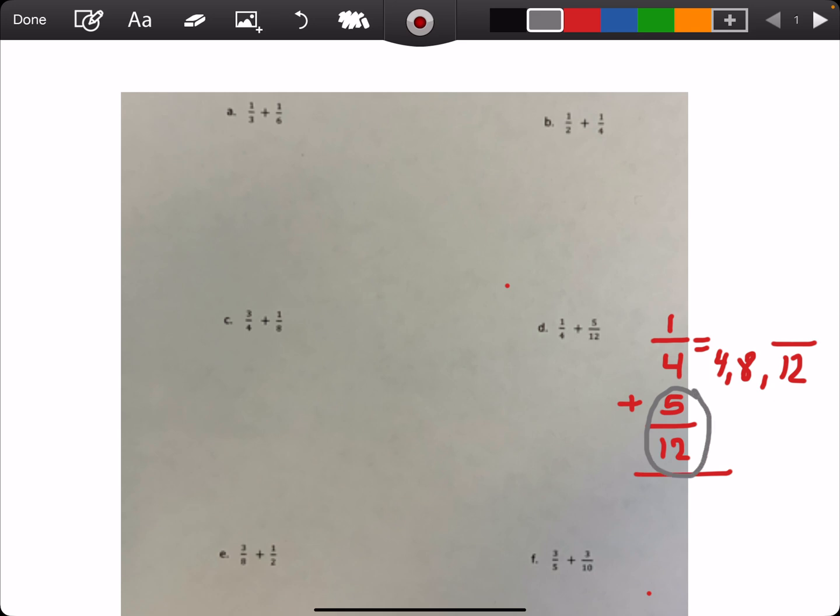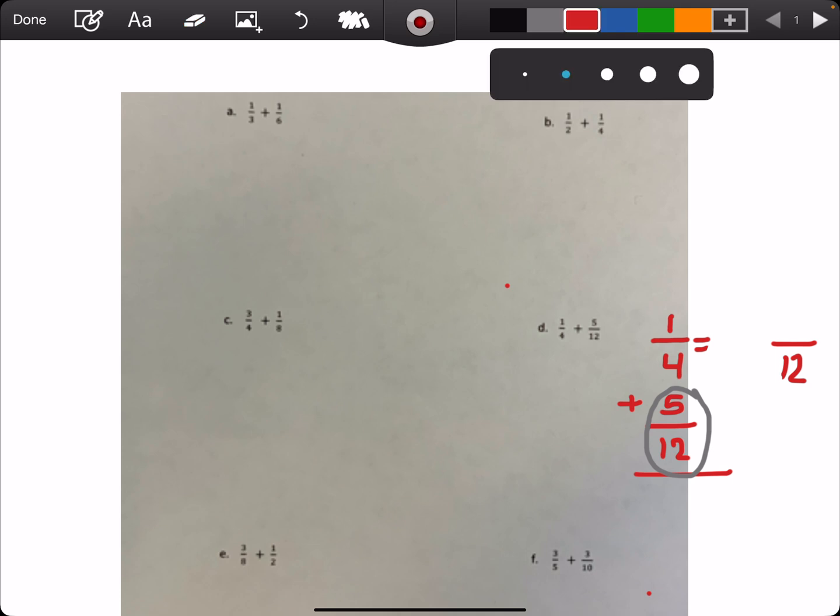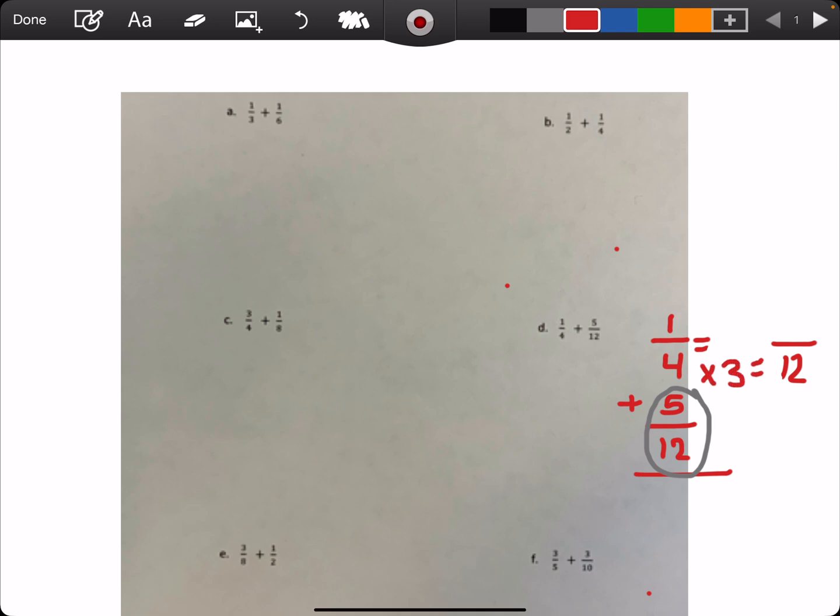But I want to say, what is 1/4 equal to, how many 12ths? Well, 4 times what gives me 12? 4 times 3 is 12. So if I multiply the bottom by 3, I have to multiply the top by 3. 1 times 3 is 3, so now you have 3/12.